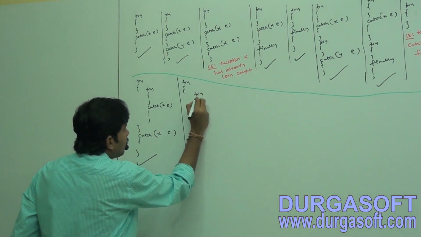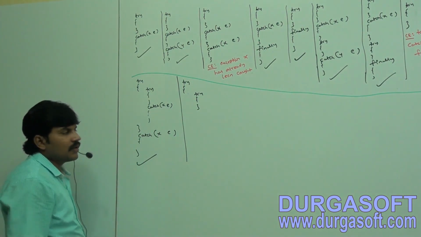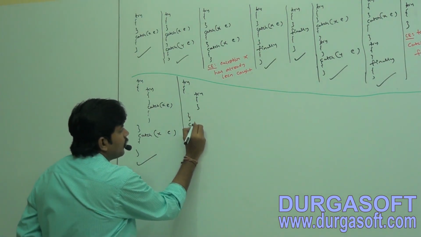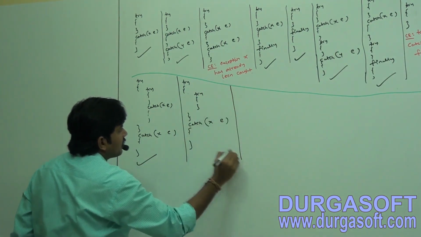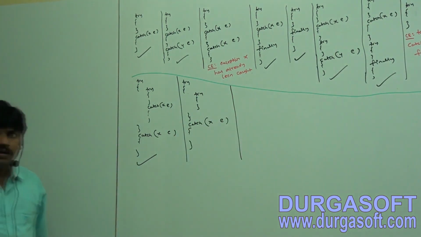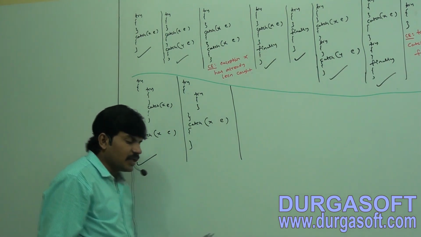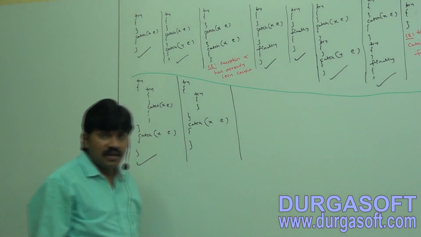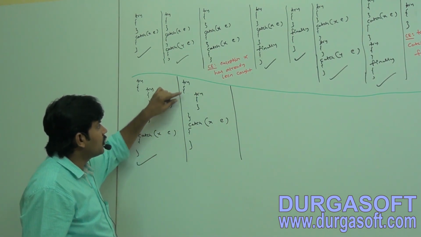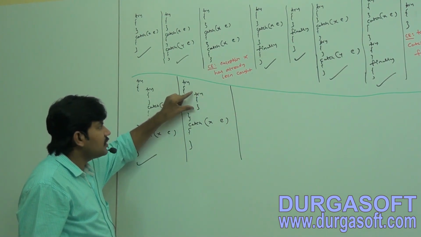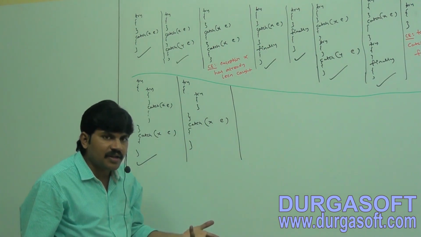Now try I am taking. Within that I am taking try. Within that I am taking try, catch block, exception E. Is it valid or invalid? Valid or not? Compile time error we are going to get. Sir, within the try you are taking try. For this try, where is the catch or finally?